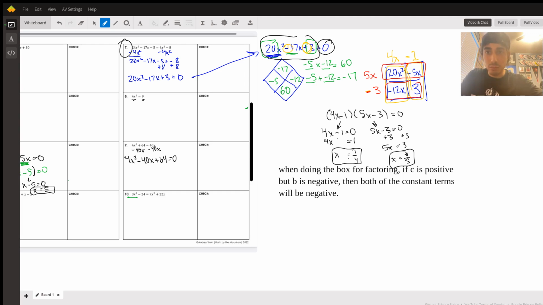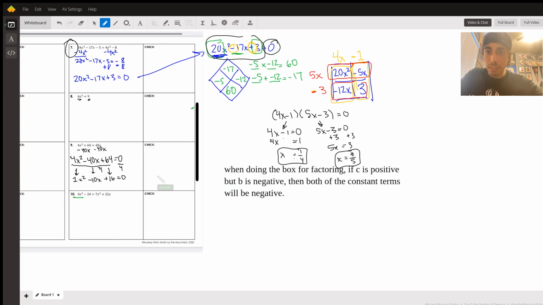When I divide everything by 4, the 4x squared gives me a 1x squared, and then minus 10x, and then 64 divided by 4 is 16. See, now we get to factor the easy way. So that's why you always have to look for those greatest common factors.